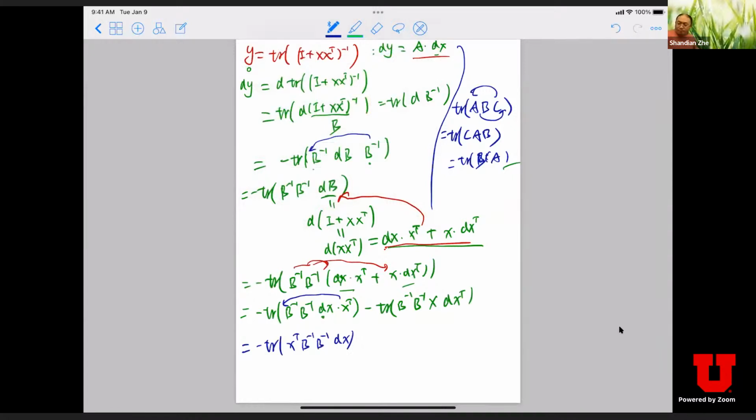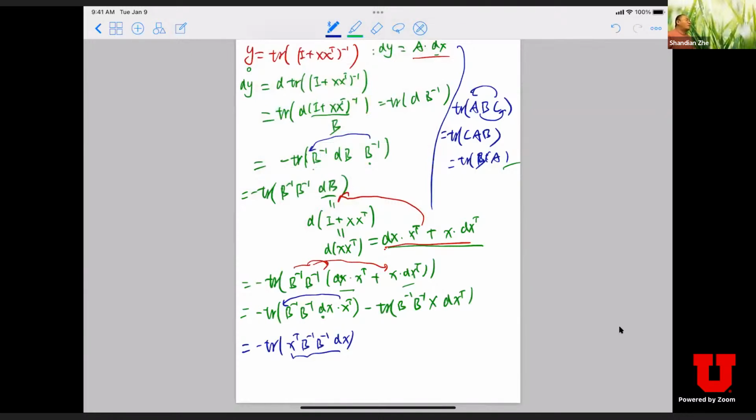So now, again, as we said, always keep in mind what's the size, what's the shape of your result. What's the shape of this? Any thought? Think about it.